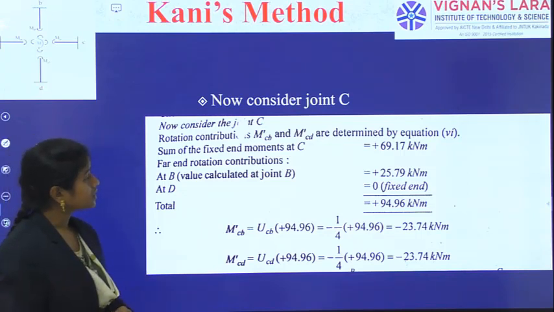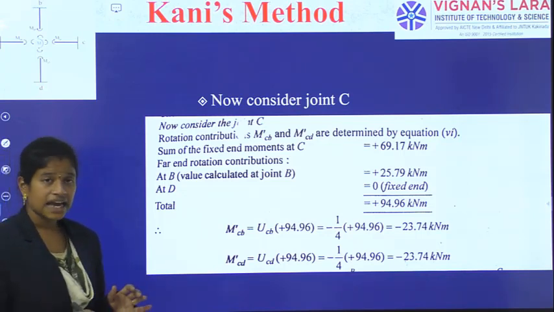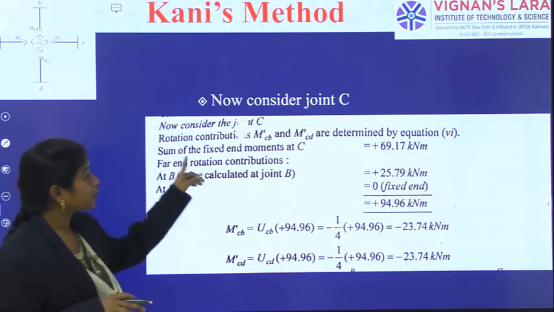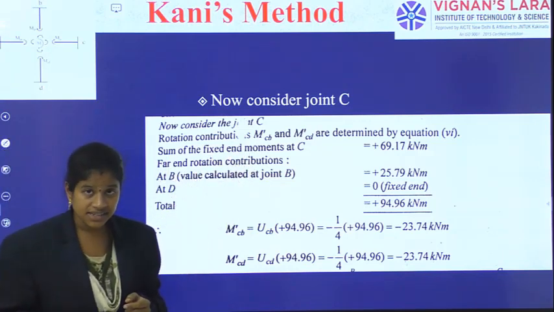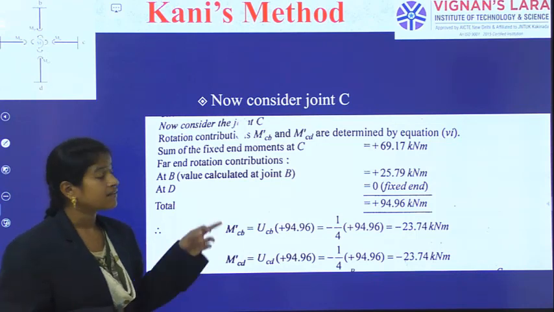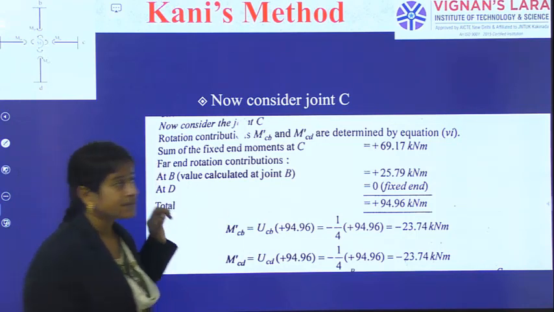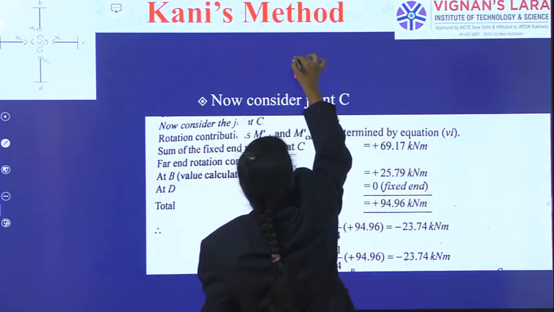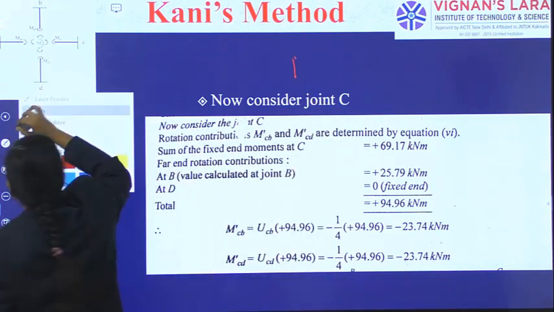So now considering the joint C. As I consider the joint C, the rotation contributions M dash CB and M dash CD will be determined using the formula. What is the formula? Practice it as many times as possible.